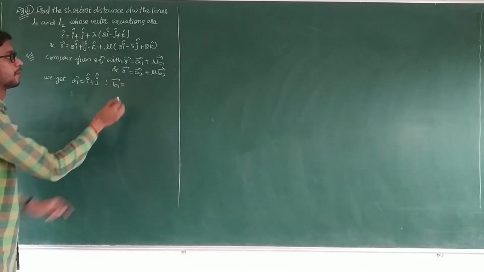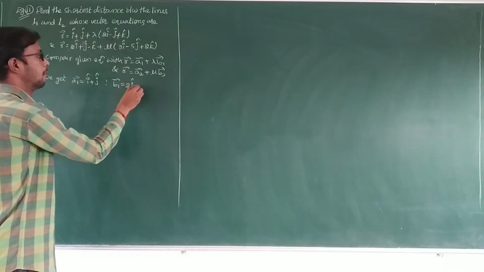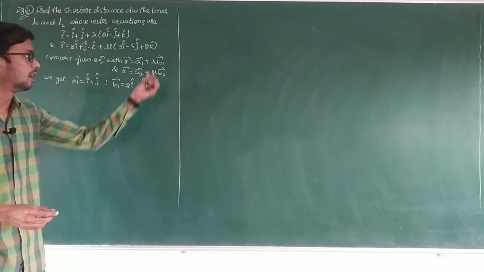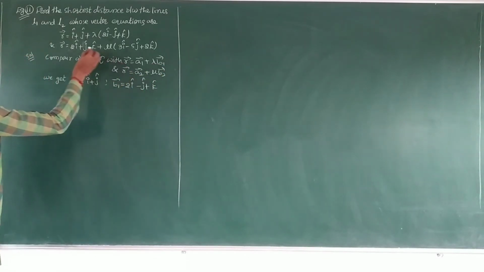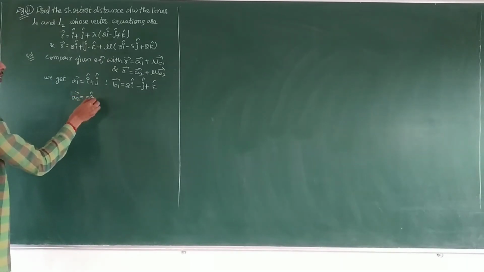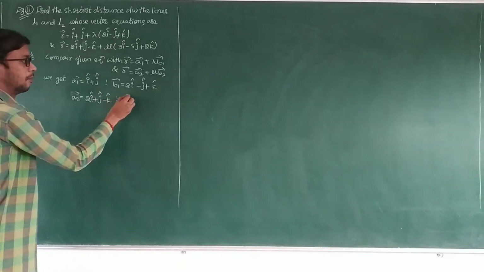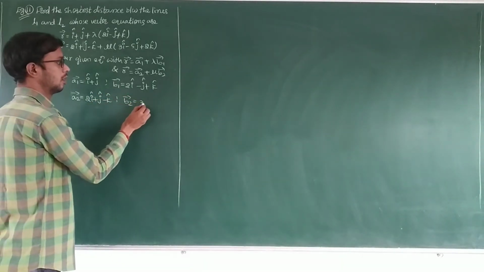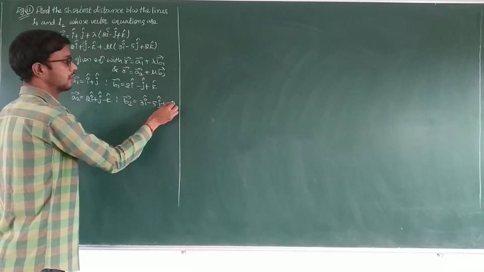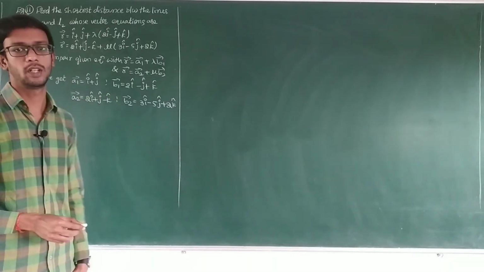B1 bar is 2I cap minus J cap plus K cap. Next, A2 bar is 2I cap plus J cap minus K cap. B2 bar is equal to 3I cap minus 5J cap plus 2K cap. So A1, B1, A2, B2 we got.